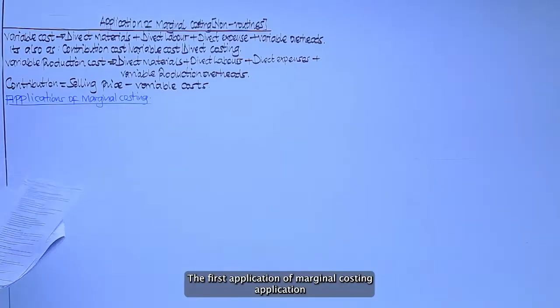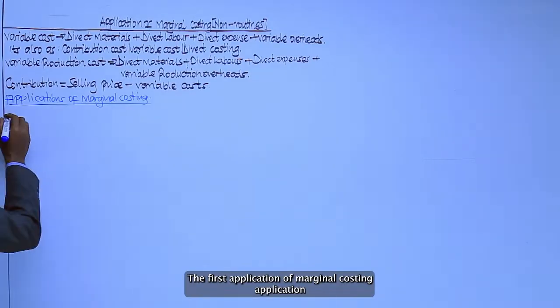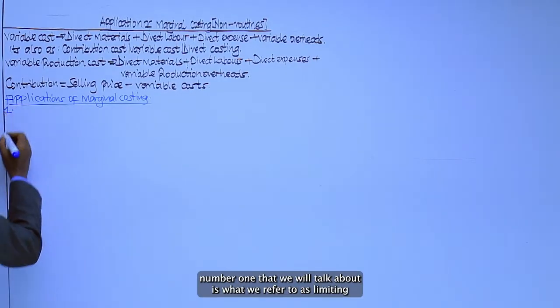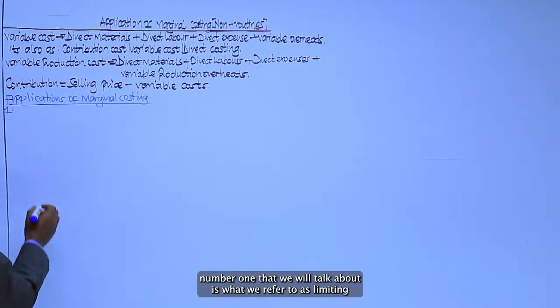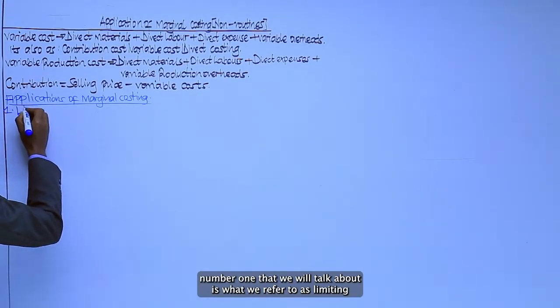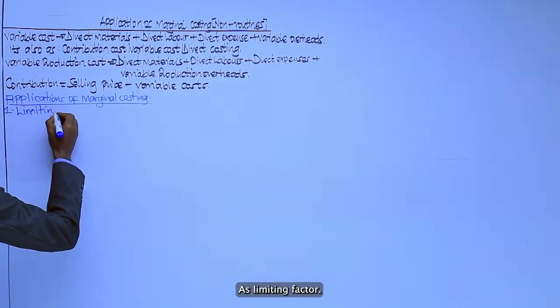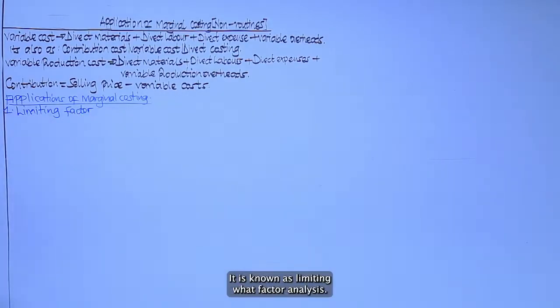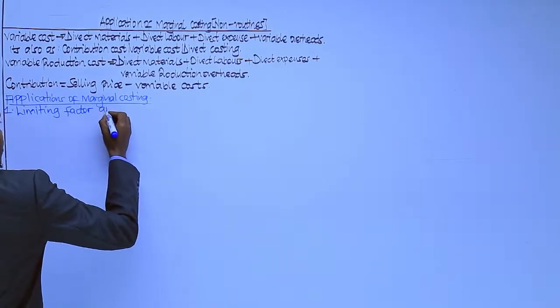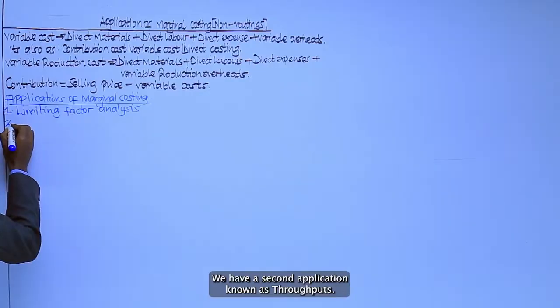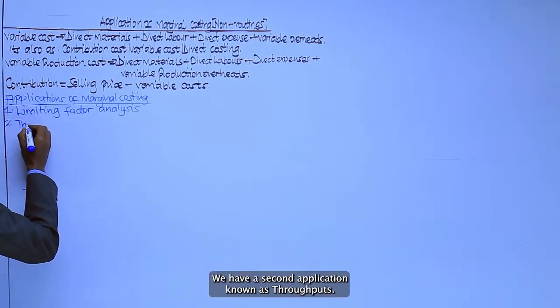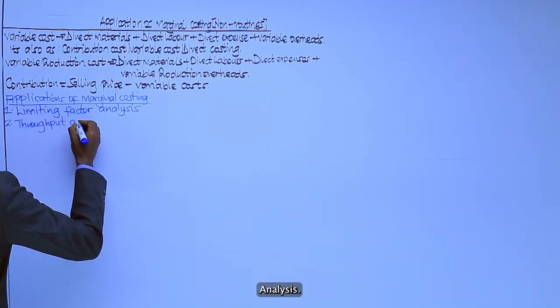The first application of marginal costing that we will talk about is what we refer to as limiting factor analysis. We have a second application known as throughput analysis.